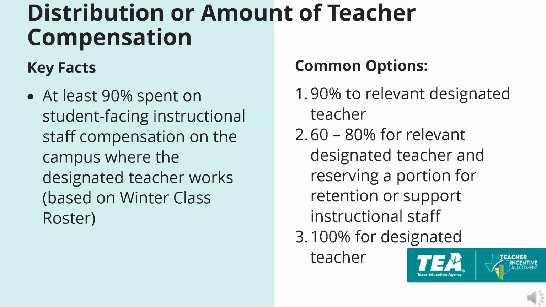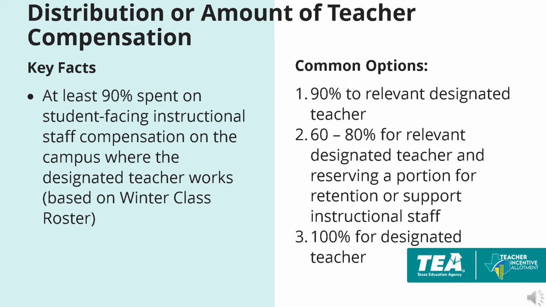First, around planning for distribution or amount of the allotment going to teacher compensation. At least 90% must be spent on student-facing instructional staff compensation on the campus where the designated teacher works based on winter class roster submission. This can include designated teachers, or other instructional staff, which are commonly instructional paraprofessionals.